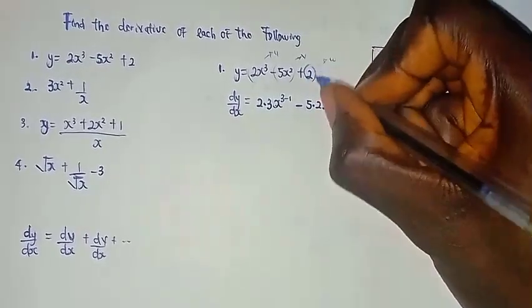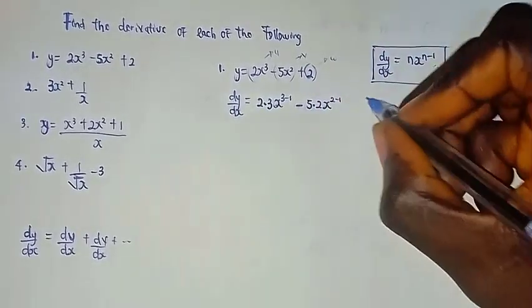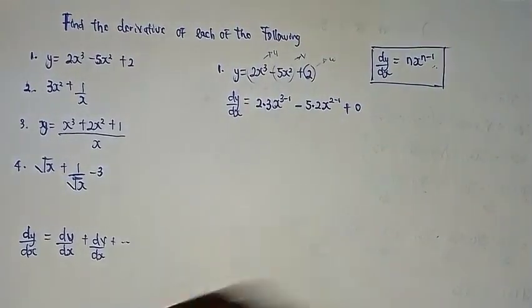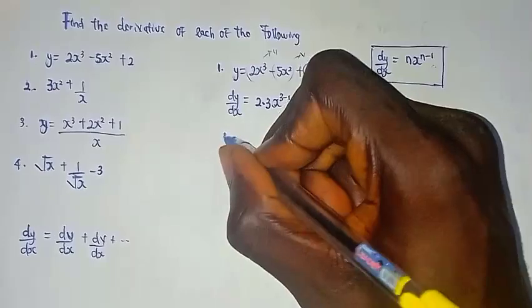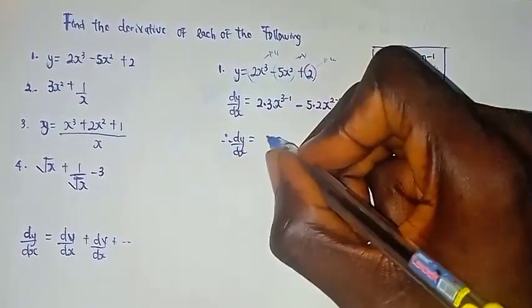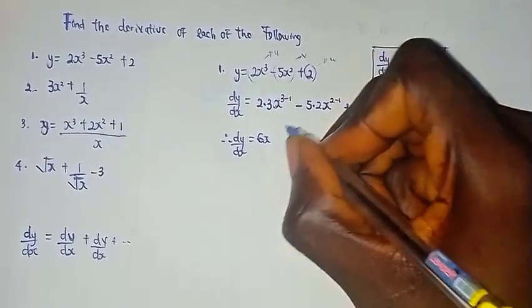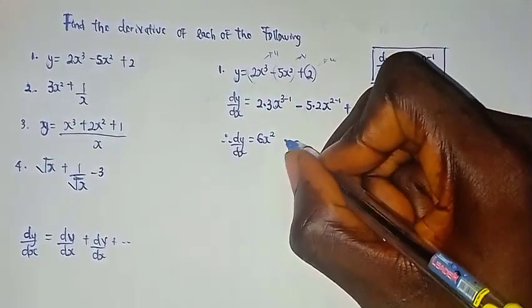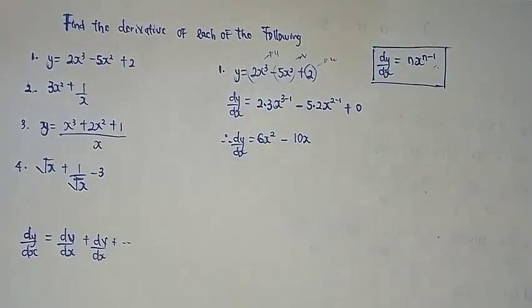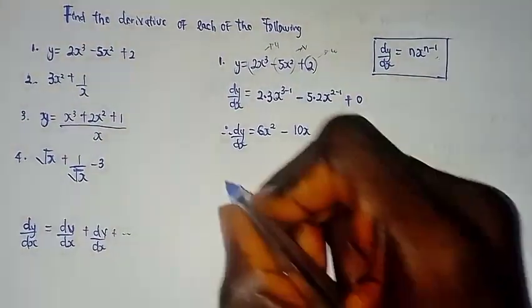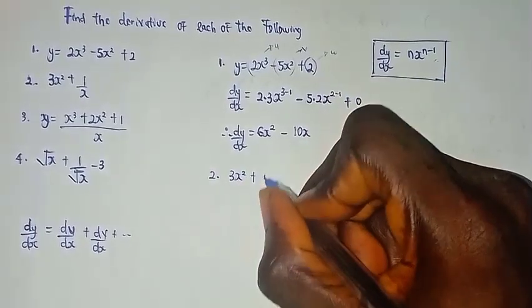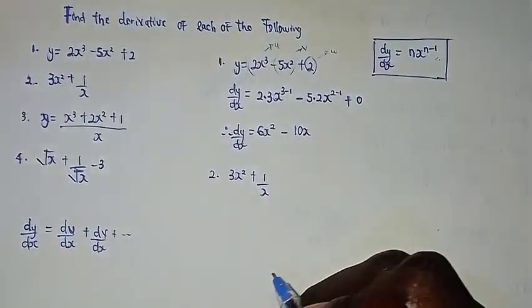And then this is a constant. If we differentiate the constant, we'll get 0. So our dy over dx becomes 6x squared minus 10x.